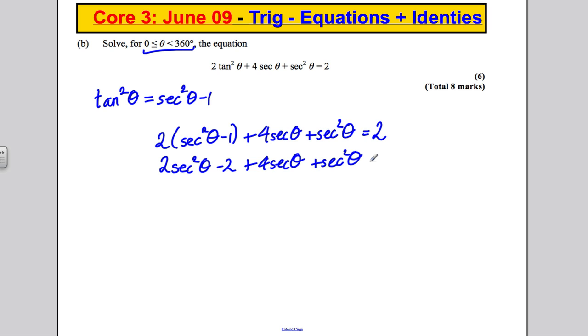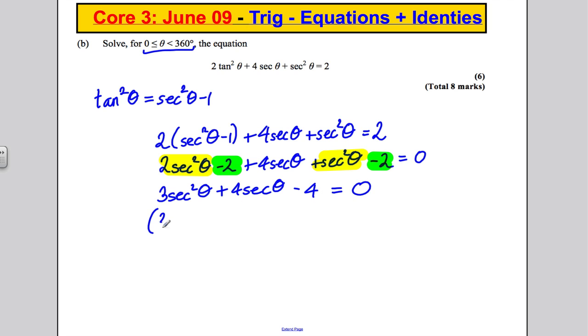I'm also going to take 2 off both sides, subtract the 2 is 0. And now I can combine. I have 2 sec squared theta plus another sec squared theta, i.e. 3 sec squared theta, plus 4 sec theta, and a negative 2 and a negative 2 is a negative 4, is 0.